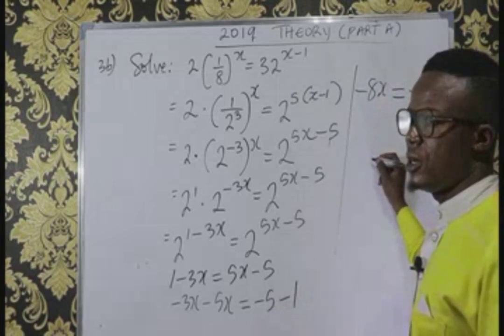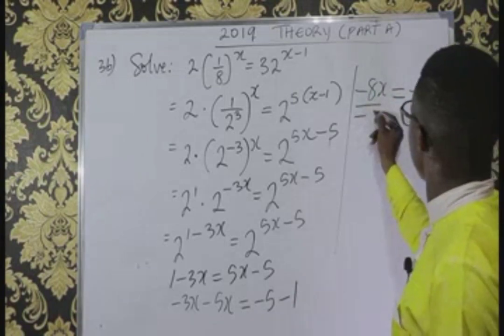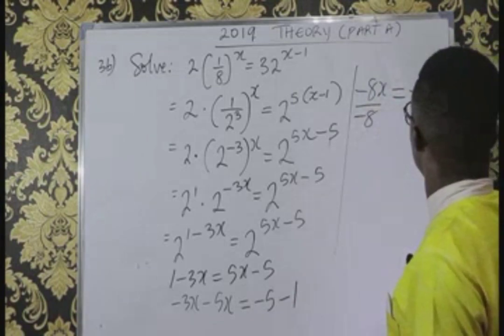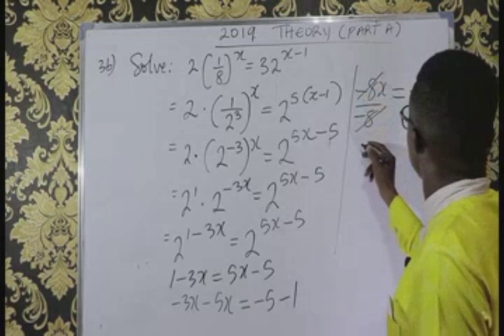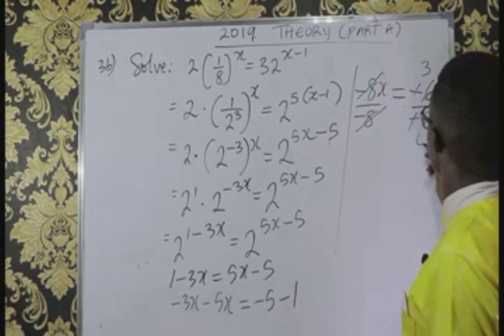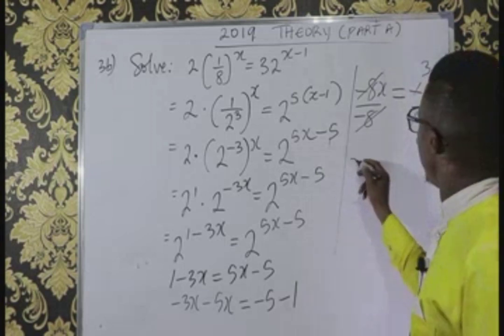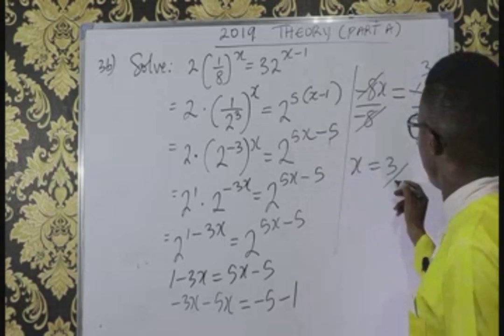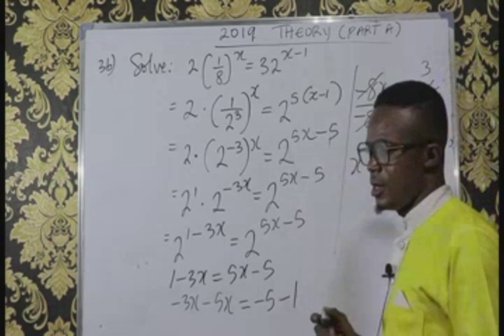To get the value of x, divide both sides by minus 8. Minus cancels minus. 2 here is 3, 2 here is 4. Therefore, x is equal to 3 over 4. Let's take the next question.